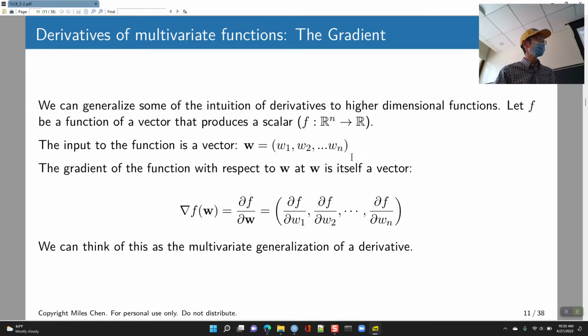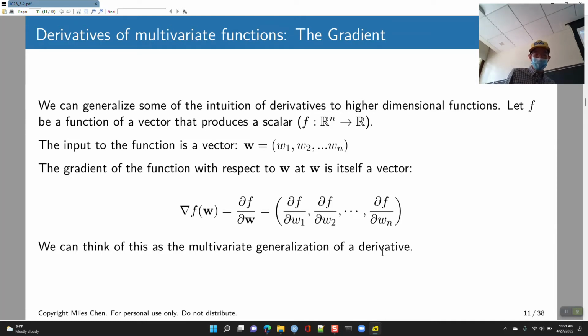So if w has n components, the gradient with respect to w is also a vector with n components, made up of the partial derivatives of the function with respect to each component of w. You get the partial with respect to w1, partial with respect to w2, and so on until you get the partial with respect to wn. That would be the first derivative.